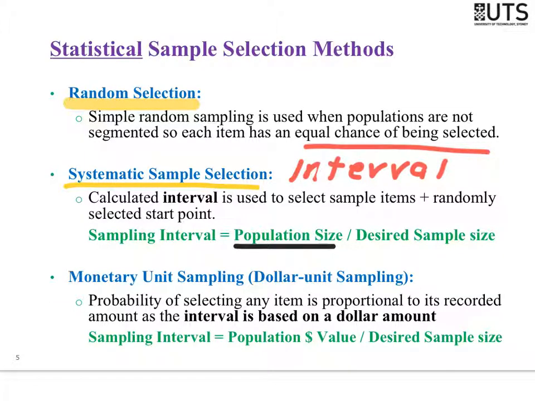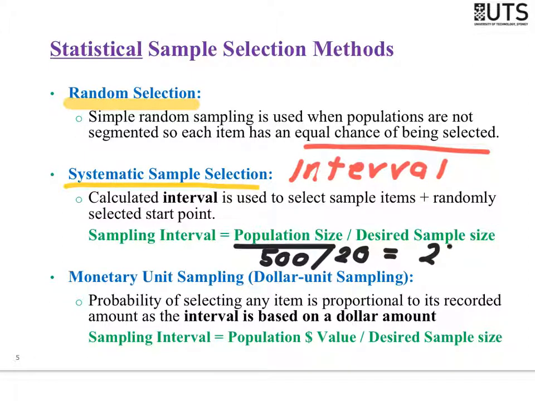There are 500 sales invoices in this organization. So the population size is 500. We then divide that by what's called the desired sample size. What does that mean? It means how many items I want to pick. So of the 500, say I want to pick 20. So I take 500 and I divide it by 20. Now, what is that? 25.